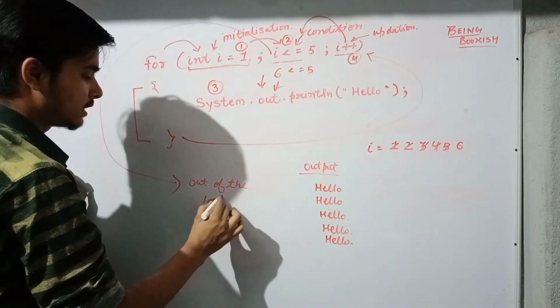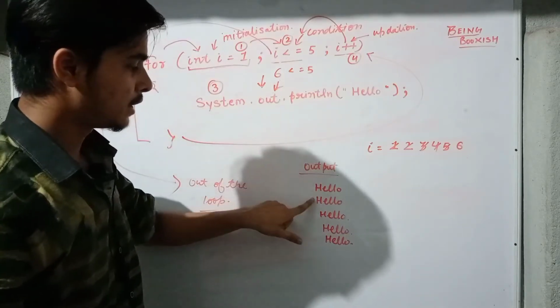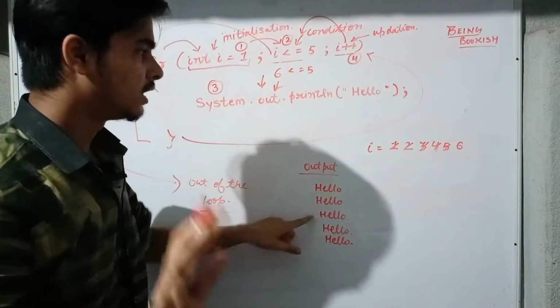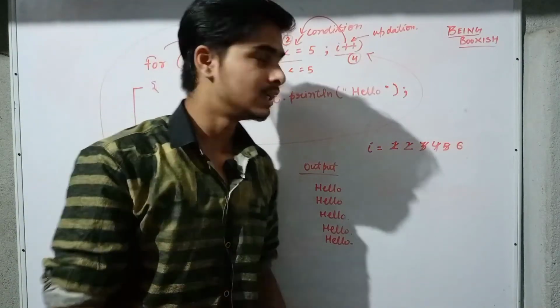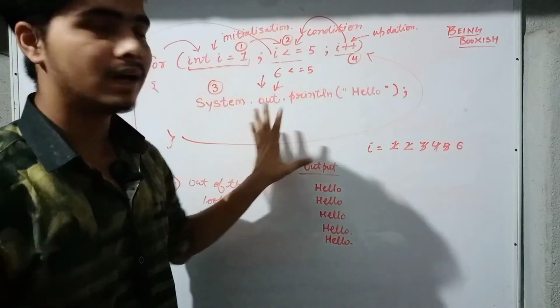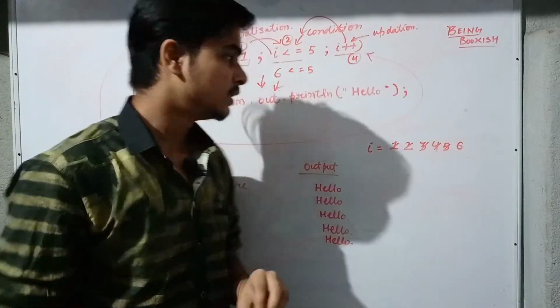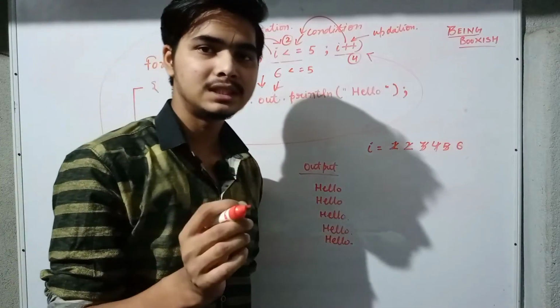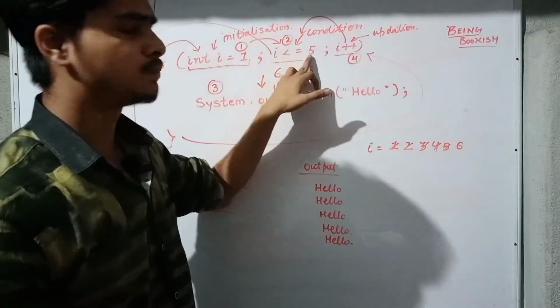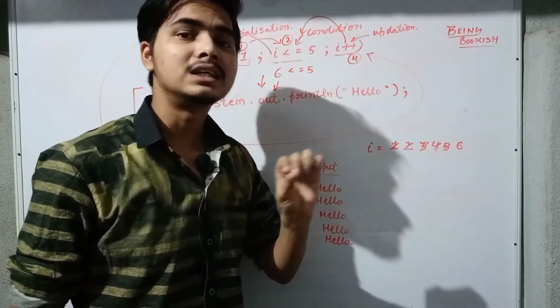So what is our output? This is our output: it will print hello 5 times. Now it is very important to note what the value of I is after executing this for loop. Many students make this mistake, that they write 5 as the final value, because they think 5 was the last value, and after that the condition became false.